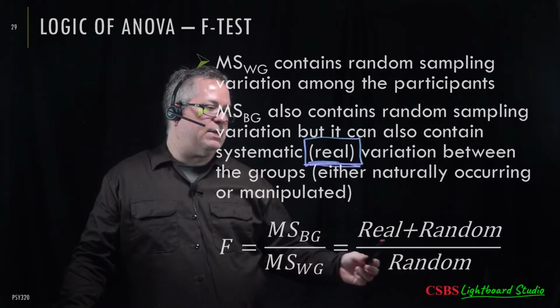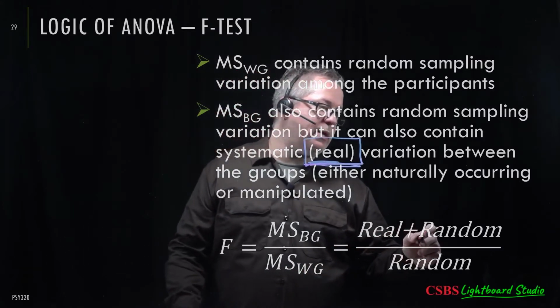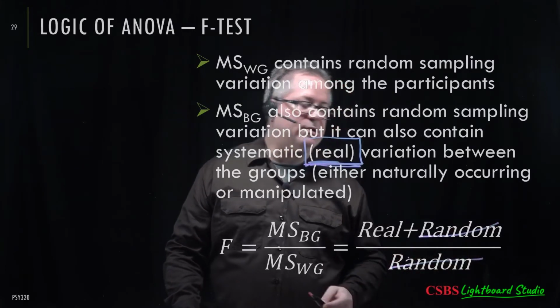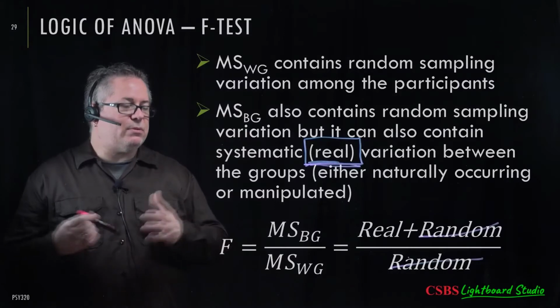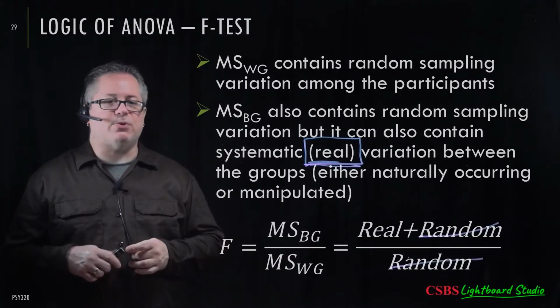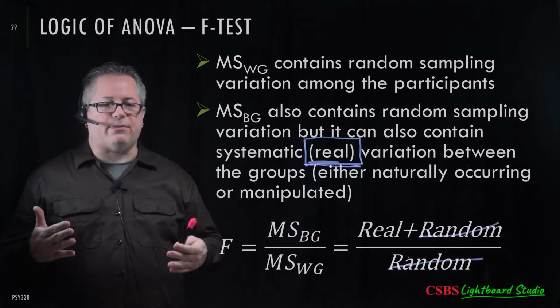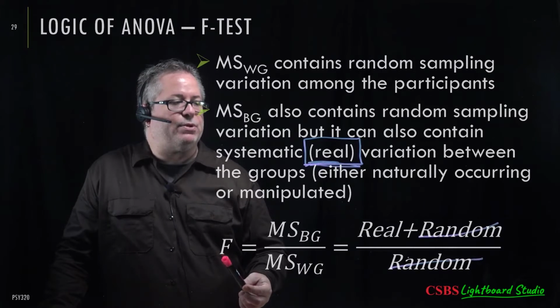I can isolate the real variation by dividing them, so that the random variation in the numerator and the random variation in the denominator essentially cancel each other out. What you're left with is the real variation between the groups, and we can test that for significance. We can test it using the F distribution.